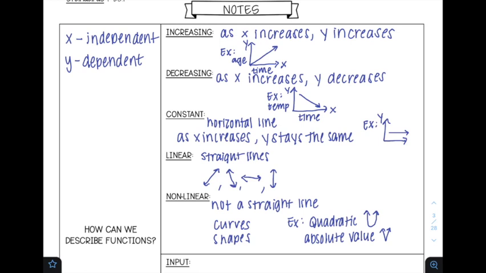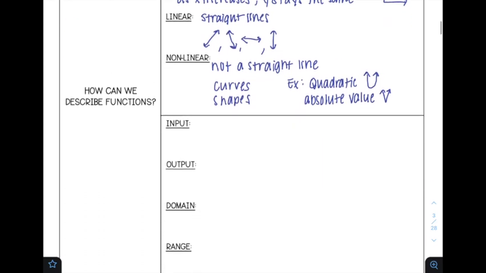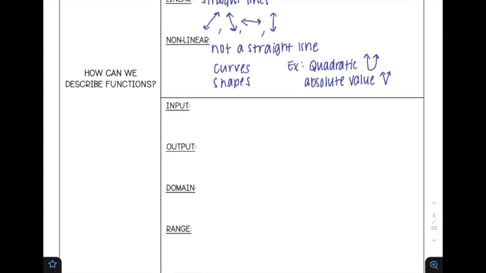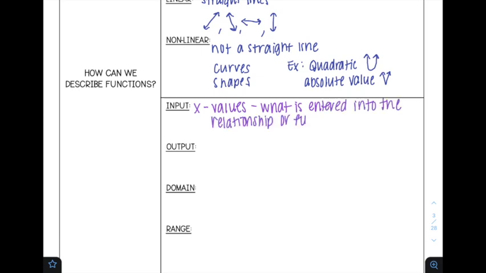Okay, so as I mentioned before, input are all of your x values. This is going to be what is entered into the relationship or the function. Then we have output. Output is the result of putting in your input. So your y values are going to be your output.